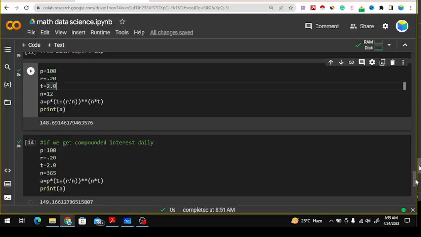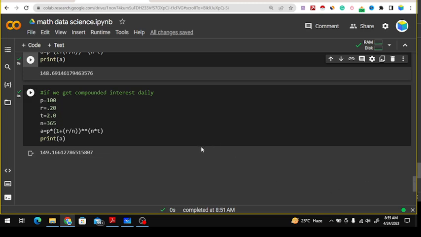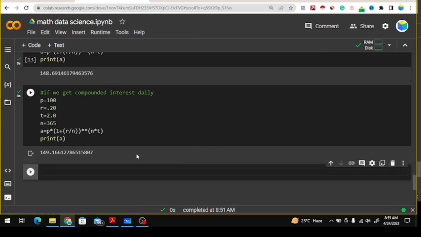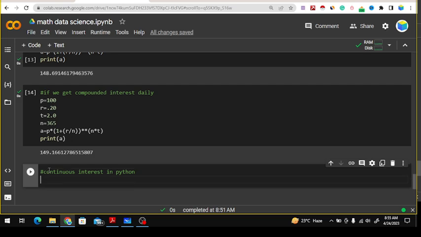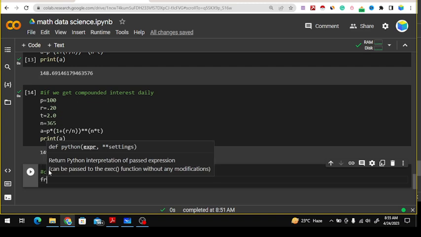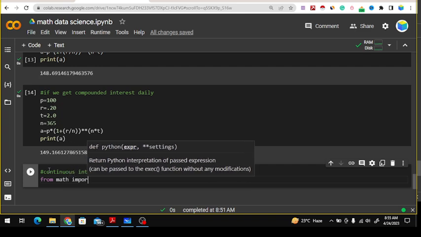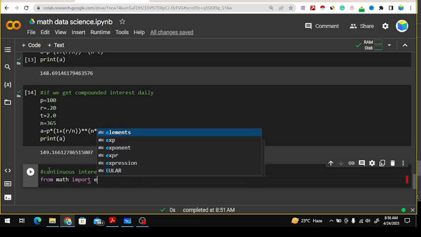Calculating continuous interest in Python: from math import exp.